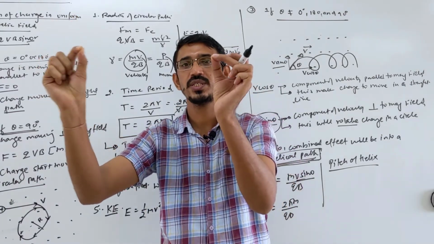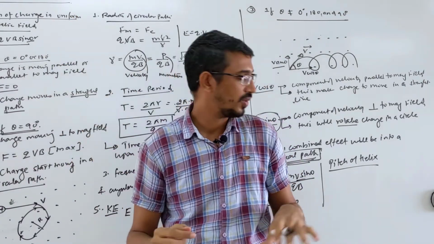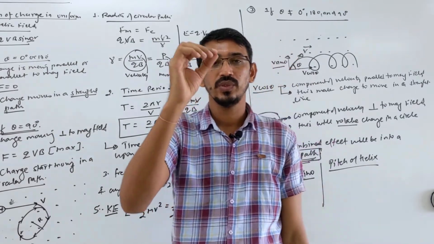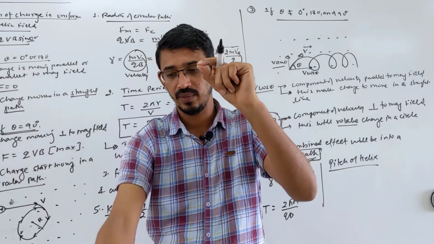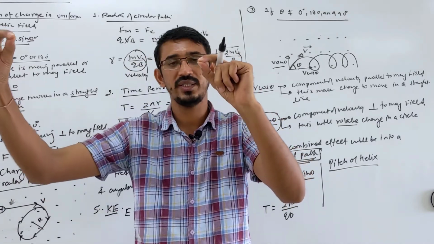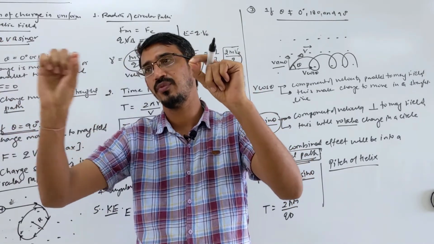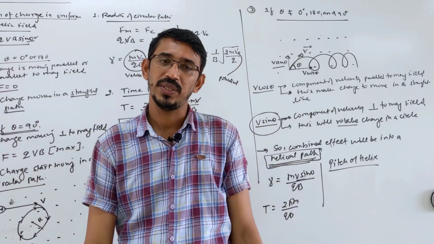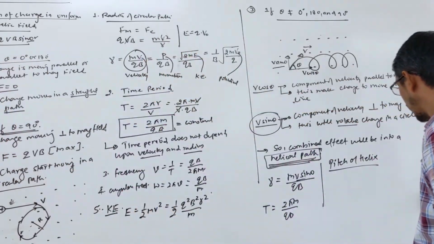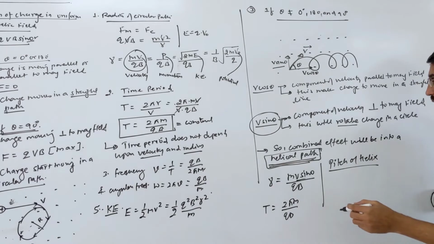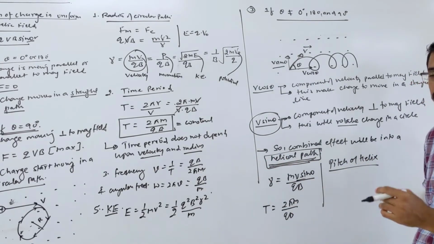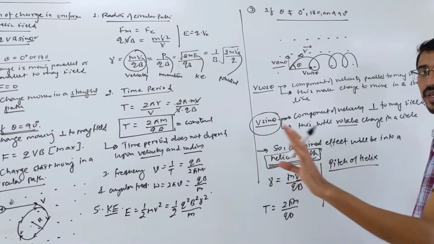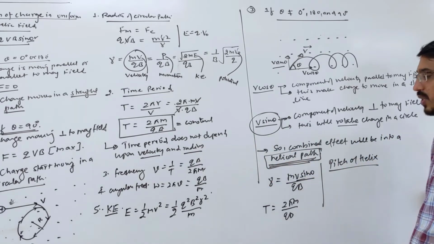This straight forward distance is called your pitch. You can write by yourself: the forward distance moved in one rotation is called pitch.